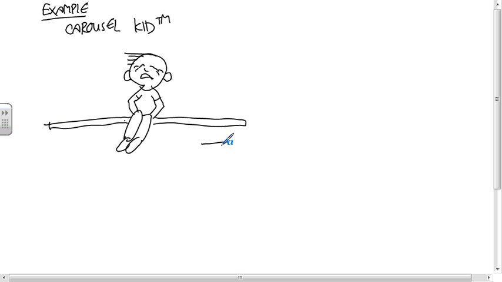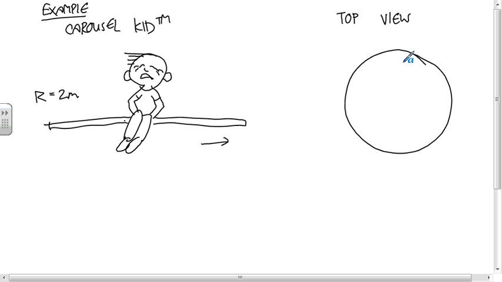Okay, so he's going this way. The radius is 2 meters, so he's 2 meters from the center of the carousel. From a top view, it would look like this. Here's his big, ugly melon head. So this distance is 2 meters. His mass is 15 kilograms.